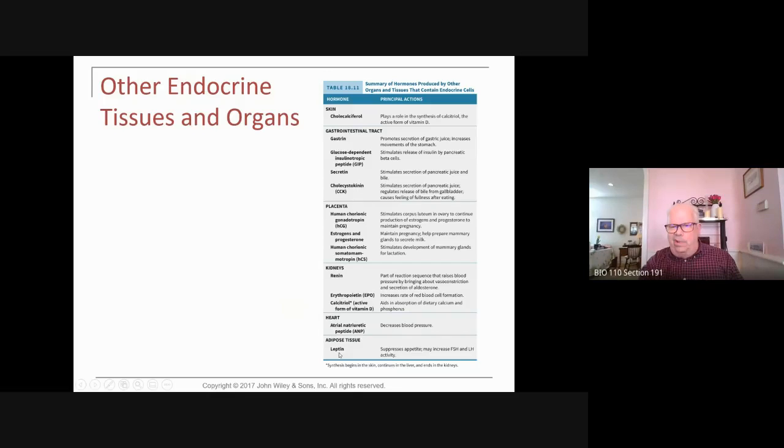One of them I want you to know is leptin. Leptin is known as the satiety hormone. It suppresses appetite from the fat cells of your body. The fat cells produce leptin to say, you can stop eating now. It's time to get away from the table.